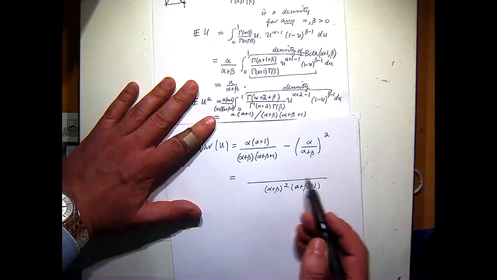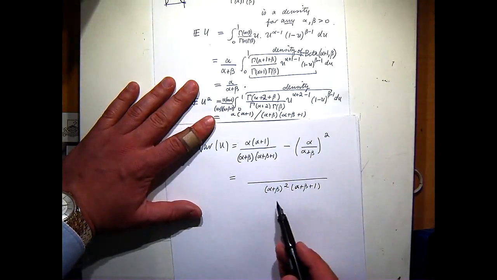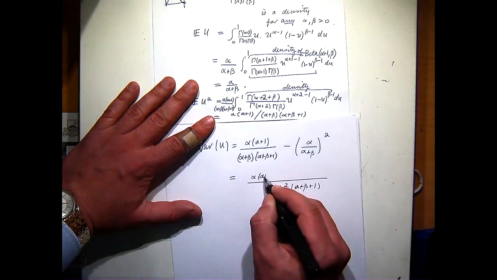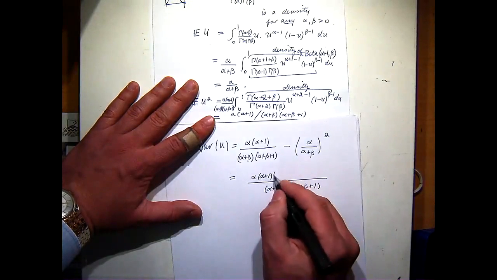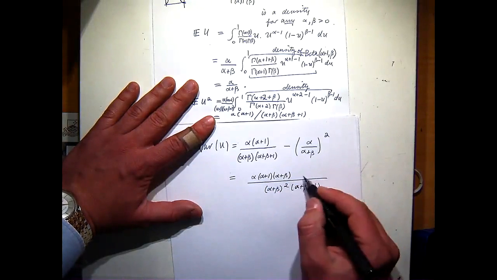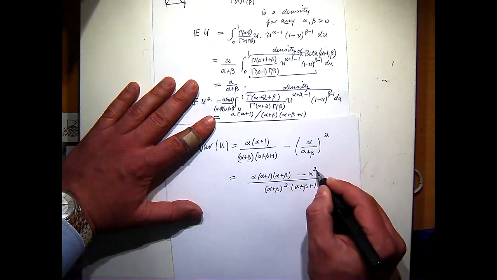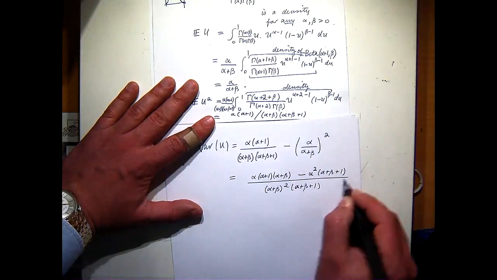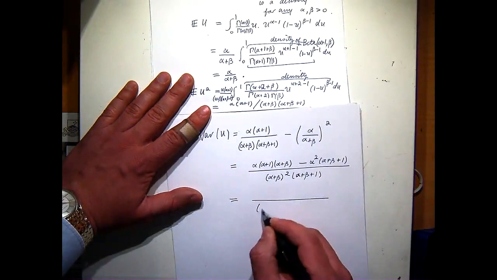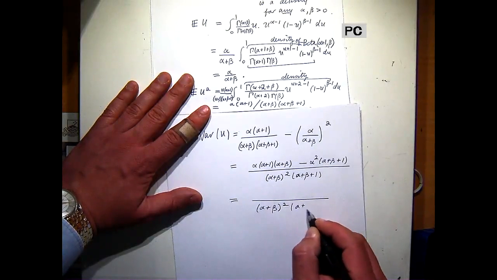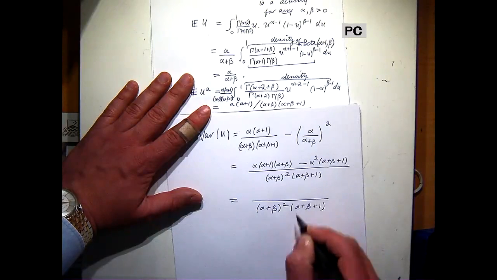And on the numerator, we may as well work it out. We've gone this far. So I have to do alpha plus 1, alpha plus beta, extra factor, and then subtract alpha squared, alpha plus beta plus 1 now. Just a little bit of algebra to get the final result.